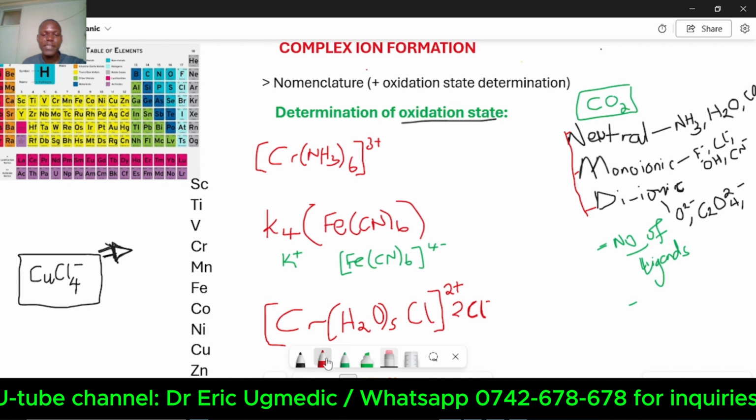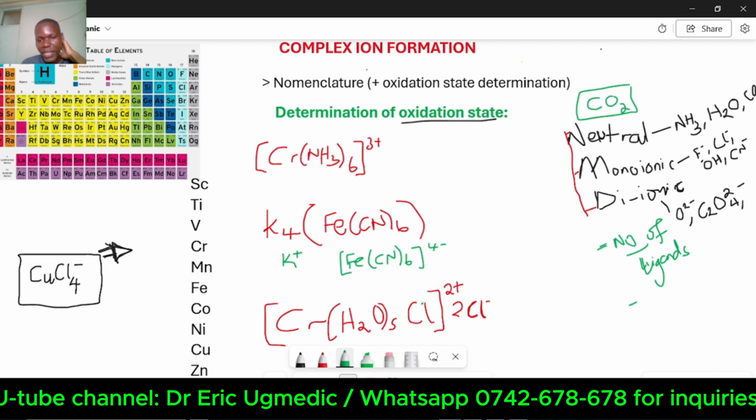The same thing applies here. When we look at this, they have given us a 2 plus as the overall charge of this complex. Then they have put the 2 chloride ions. In other words, someone could have left out these charges, removed this and that negative, and it would still mean the same thing. So you need to be very keen when you're looking at the overall charge.